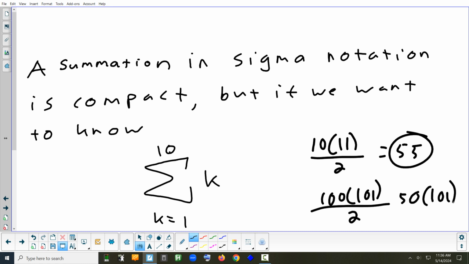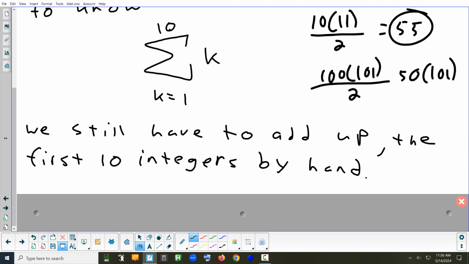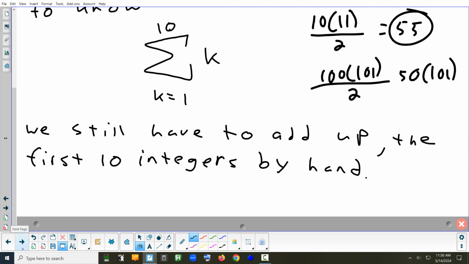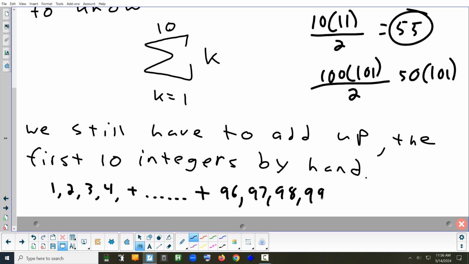Now, you might be able to come up with some tricks, so you don't have to add these up by hand. If you thought about adding up every number from 1 to 100, 96, 97, 98, 99, 100, this might give you a hint at how you could figure out how to add these numbers up.